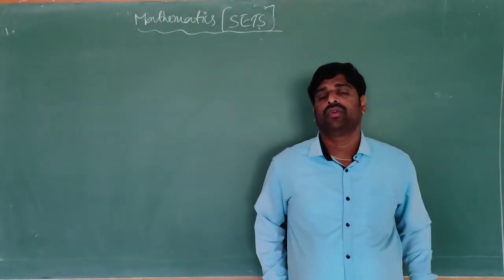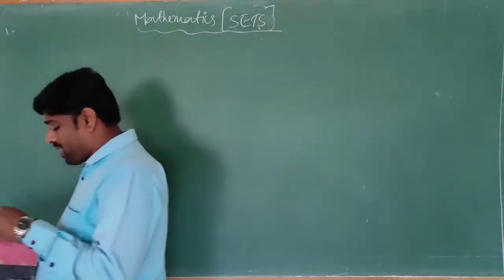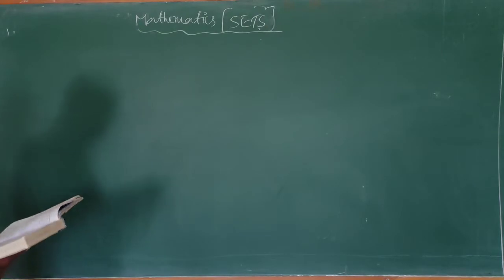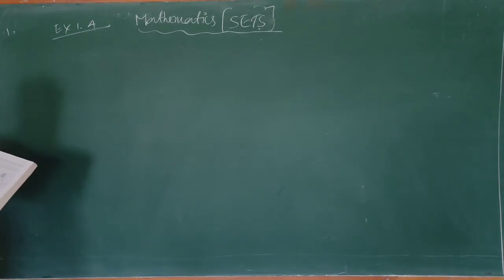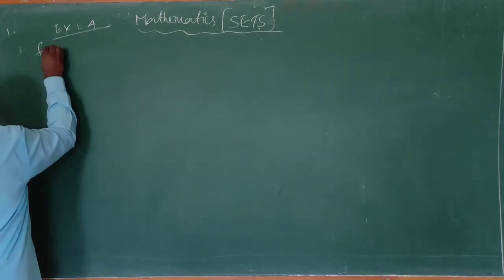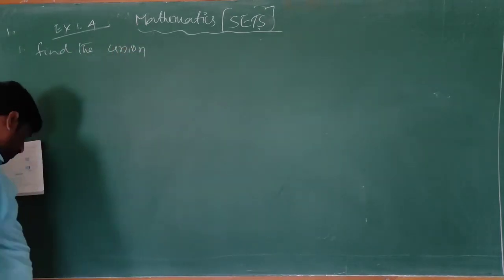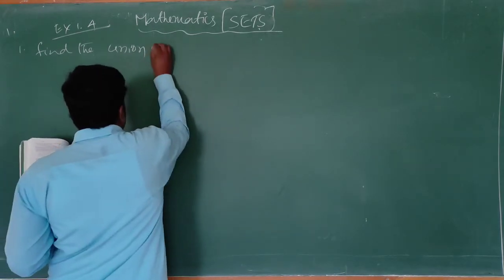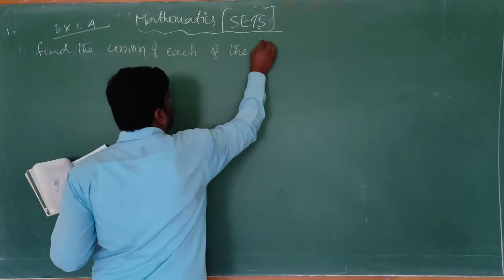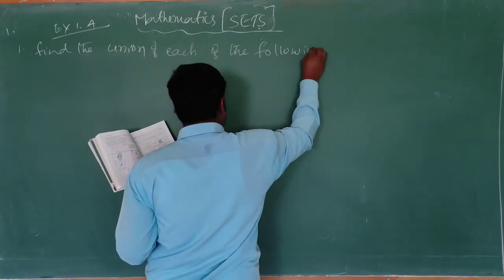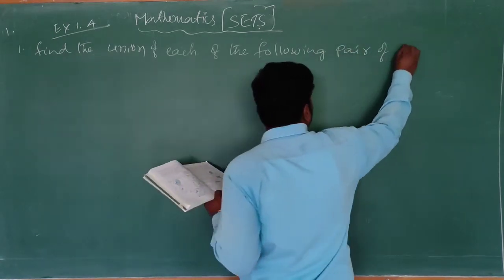In this session, we have to discuss the problems of Exercise 1.4. So the first problem is: find the union of each of the following pairs of sets.